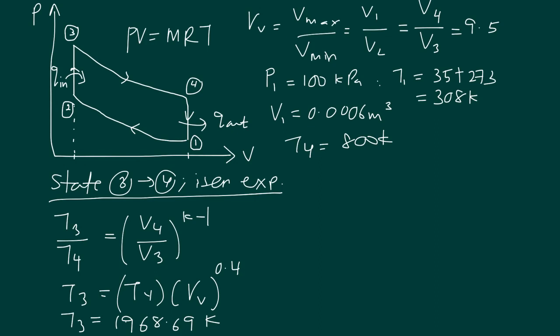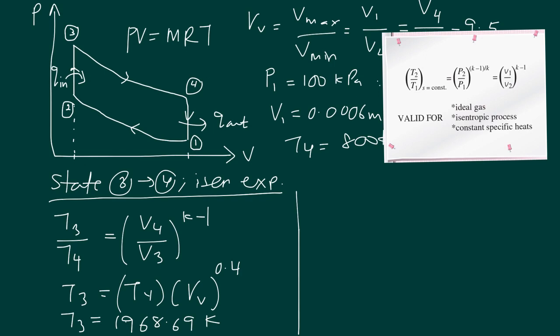So next we are going to look for the pressure, using these isentropic relations. This is only valid for an ideal gas, and it must be an isentropic process, and the specific heat must be constant.